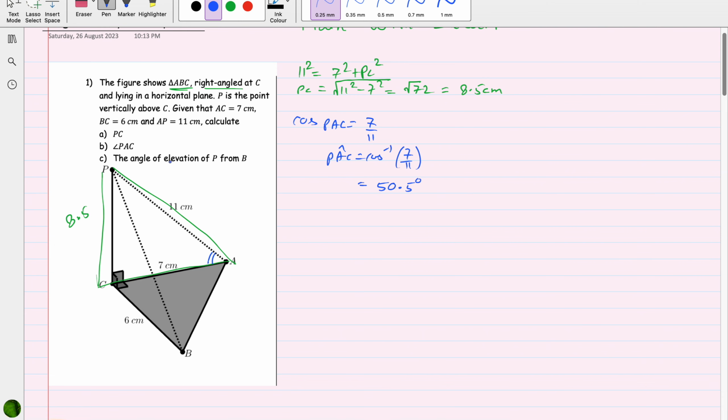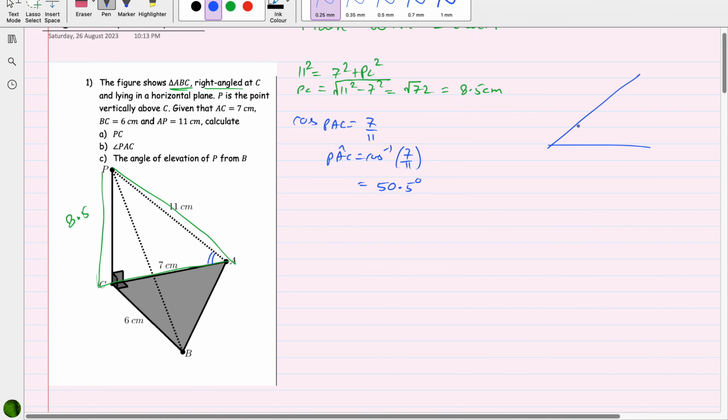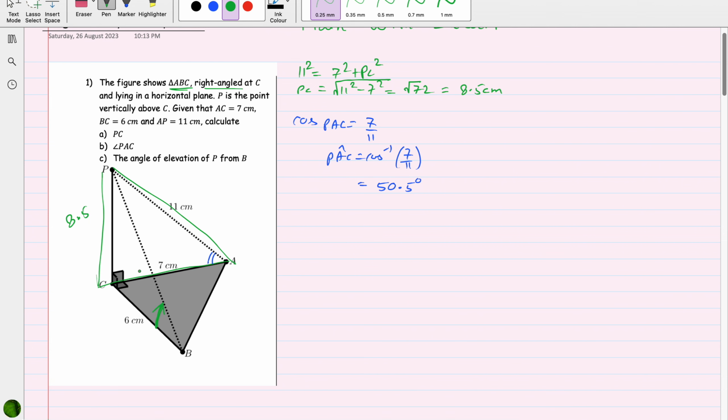The third part says the angle of elevation. The angle of elevation is the angle when you look above the horizontal. If he had asked for the angle of depression, that would have been the angle below the horizontal. So for the angle of elevation we move up from the horizontal, which is the angle of elevation of P from B. From B, this is the angle to look at P, and we can use this perpendicular and base.